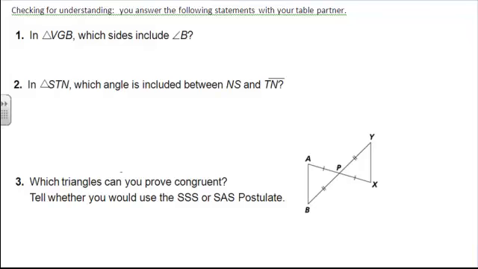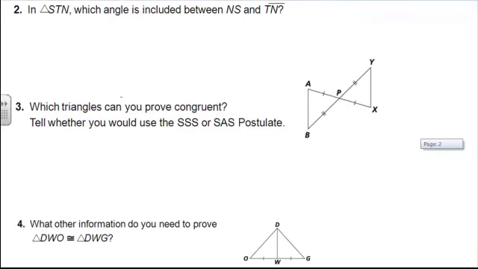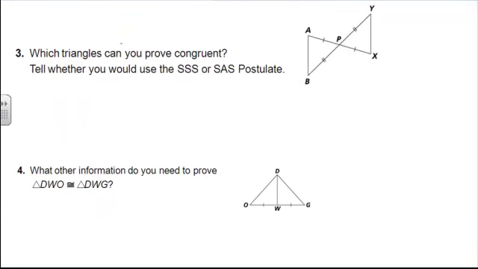Scrolling up. Number 3. Which triangles can I prove congruent? Well, I have 2 marks on each of these triangles. I need a third mark, and I know I can mark vertical angles congruent. So I'm going to mark these angles congruent. And now I can see my marks say side, angle, side.